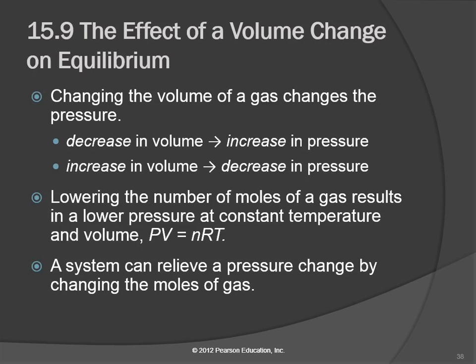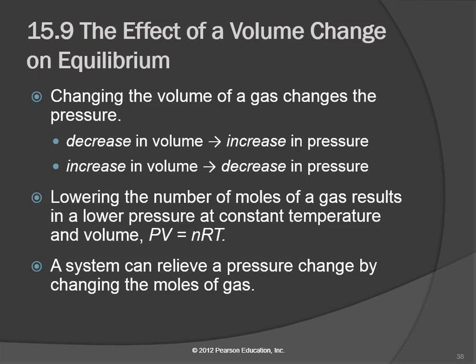So then let's think about the ideal gas equation. N is number of moles of gas. If we decrease the number of moles of gas, how would that affect the pressure if the volume and the temperature were the same? So think about maybe a mason jar that's got a gas in it. If you decrease the moles of gas, you're taking gas out.